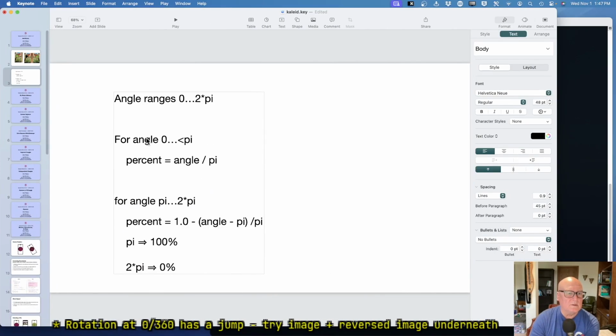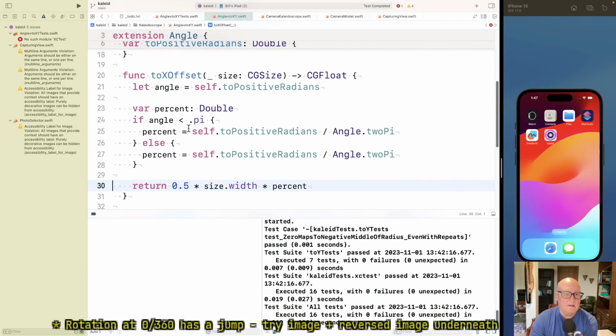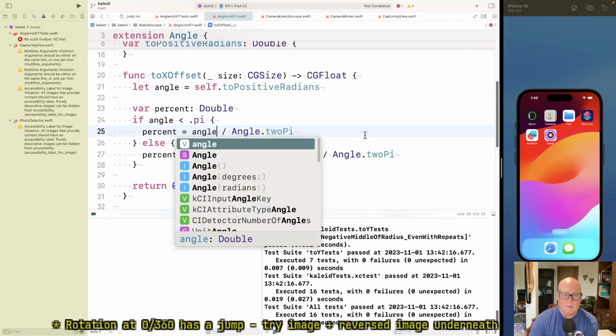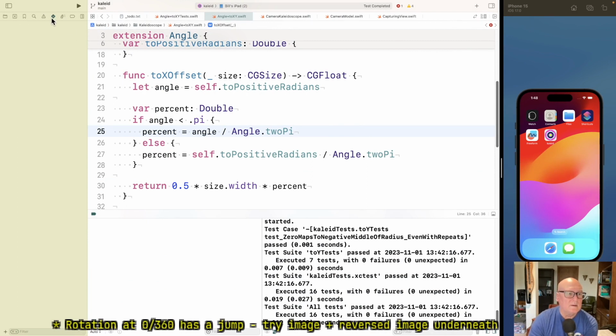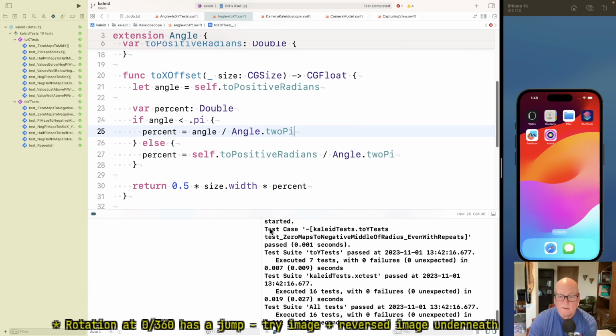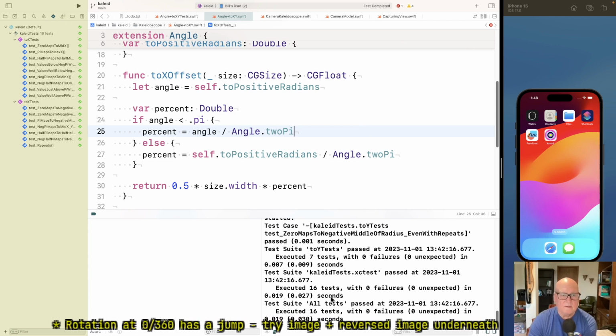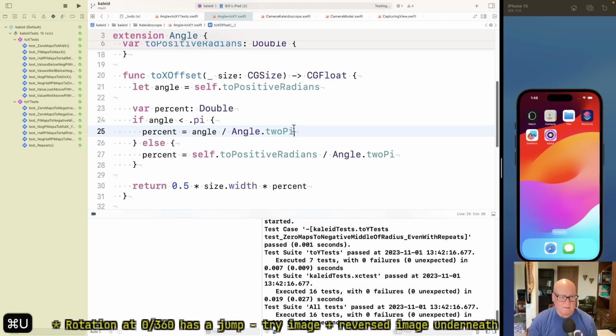Right, so angle 0 to pi, it's angle divided by pi. Right. That seems the same. Angle divided by 2 pi. I guess it ran. All right, let's check that.